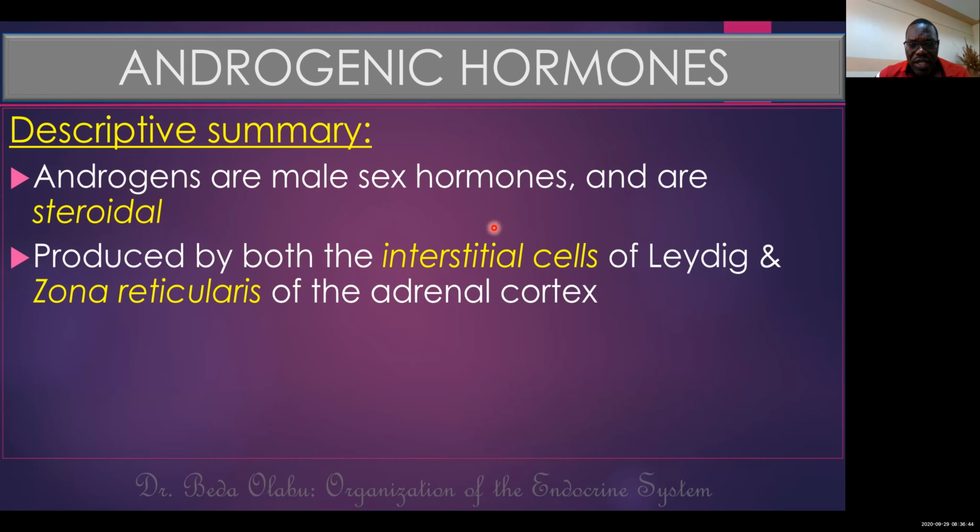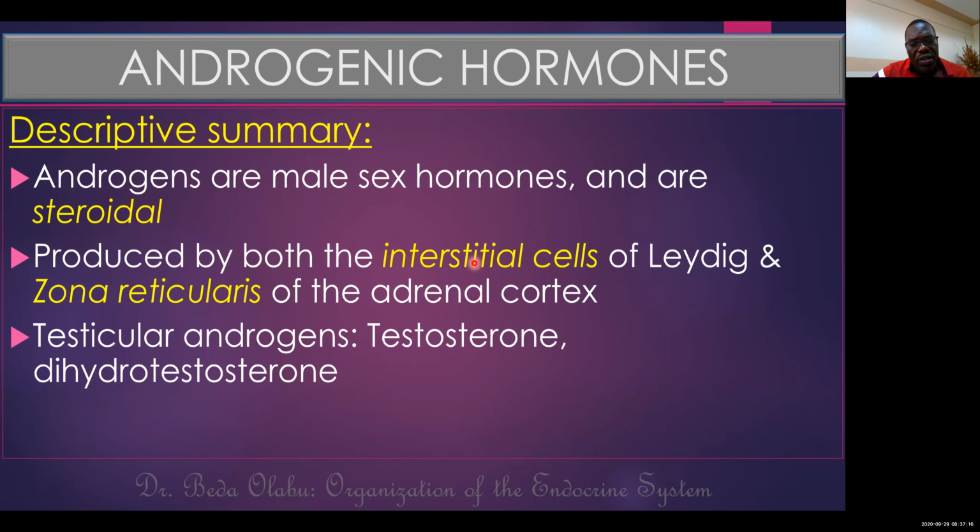So this is the testicular production, but they're also produced by the zona reticularis, and this is the adrenal production. The adrenal gland produces androgens. The testis produces androgens. The adrenal production, you realize, therefore, is present in both males and females. The testicular production is only in males.